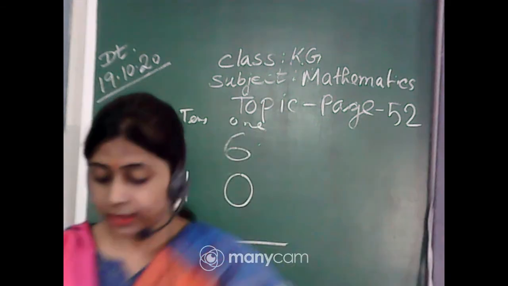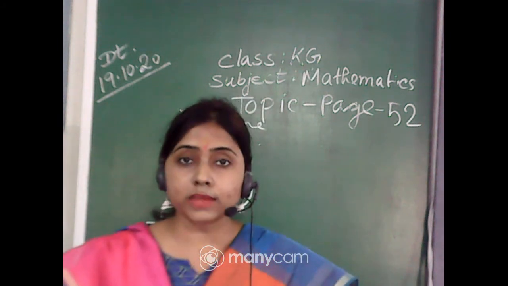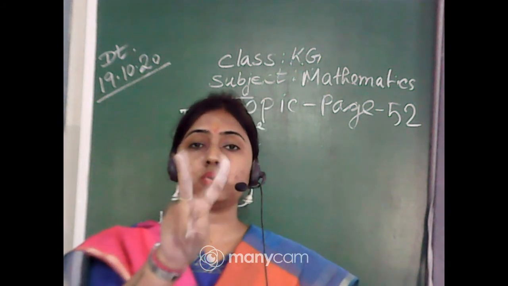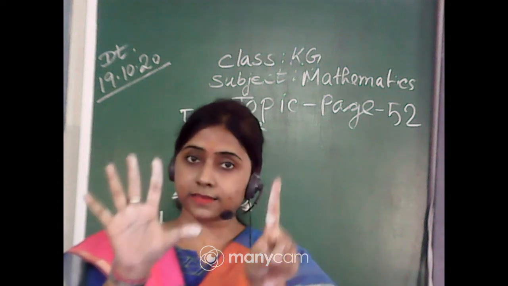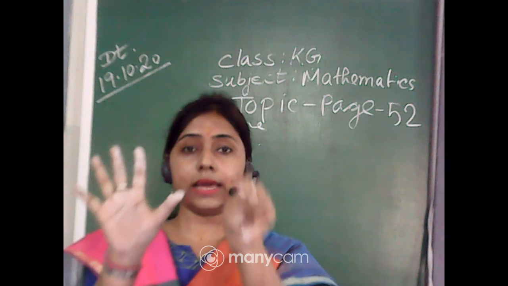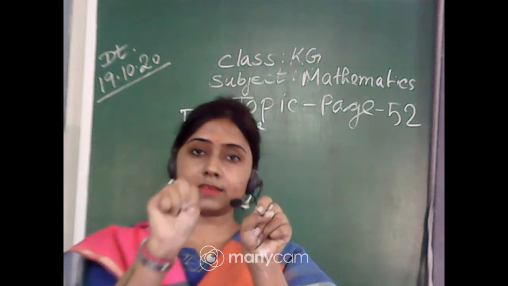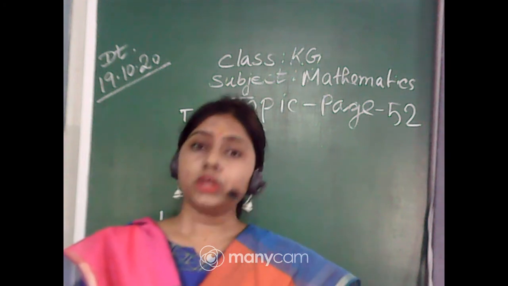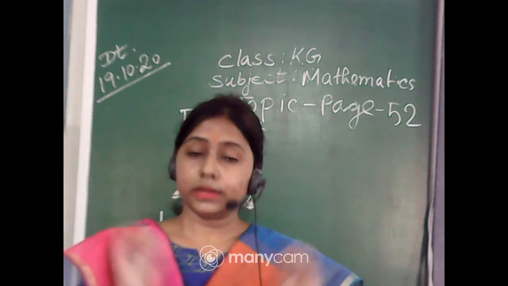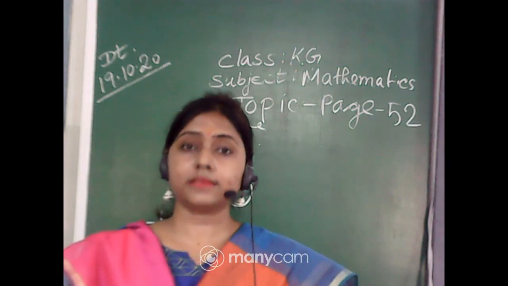And if you count with the help of your fingers, again, which is the smaller number? 6. So 1, 2, 3, 4, 5, 6. And then count on from 10: 11, 12, 13, 14, 15, 16. Here it is also 16. So this is how you count 10 plus 6, and the answer is 16.